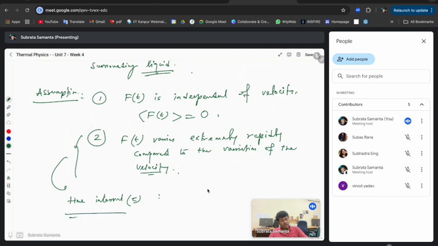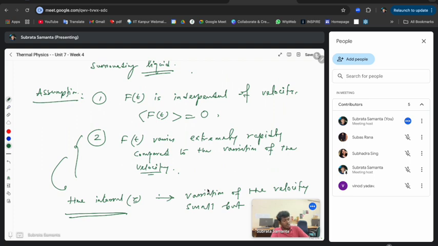So in a time interval tau, the variation of the velocity is small, where the velocity does not change too much, but Ft may undergo many fluctuations.